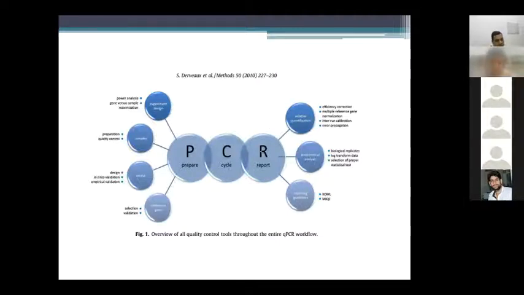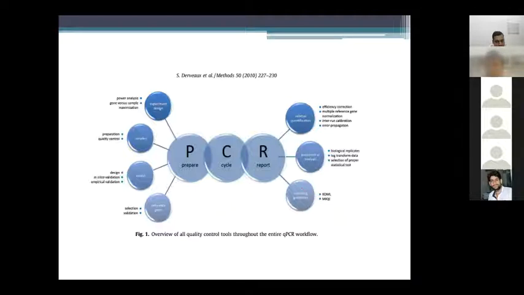After that, the reporting is very important: relative quantification, efficiency correction, using multiple reference genes for normalization, internal calibration, and error propagation. For the biostatistical analysis, you go for biological replication, log transformation of the data, and selection of the proper statistical test.